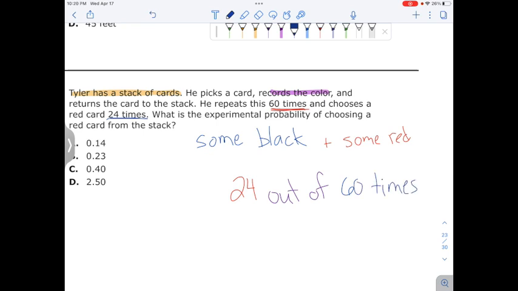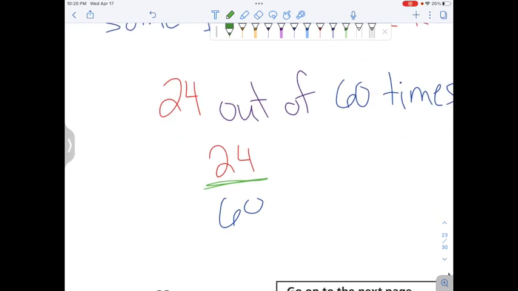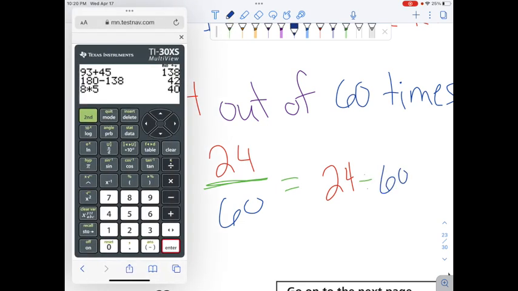As a fraction, we would write 24 on top of 60. And we've done this a bazillion times. So you know in a calculator that is 24 divided by 60. Here we go. 24 divided by 60 is 0.4.